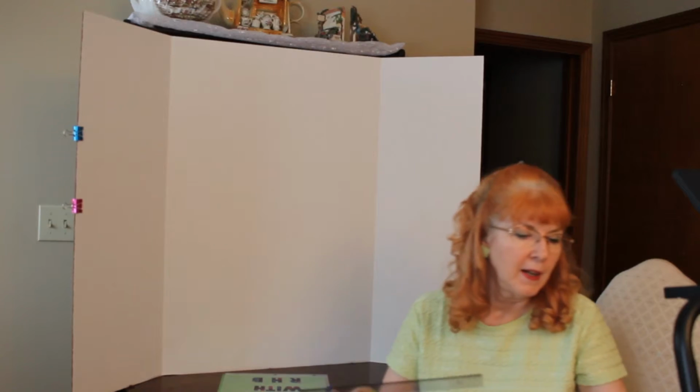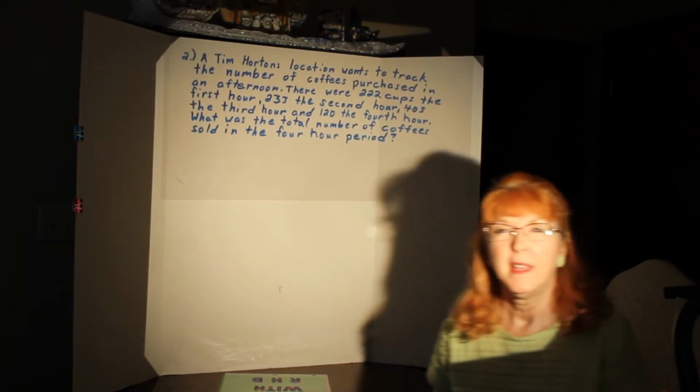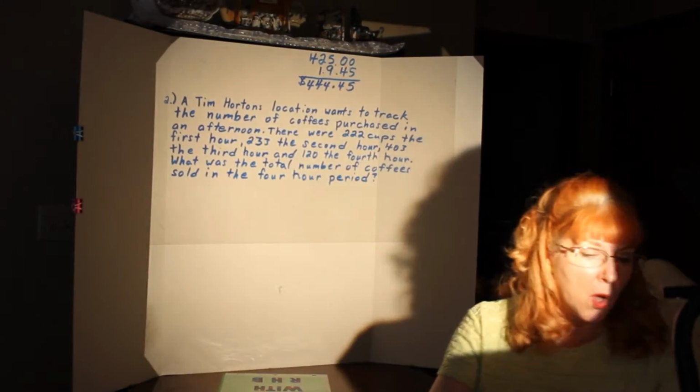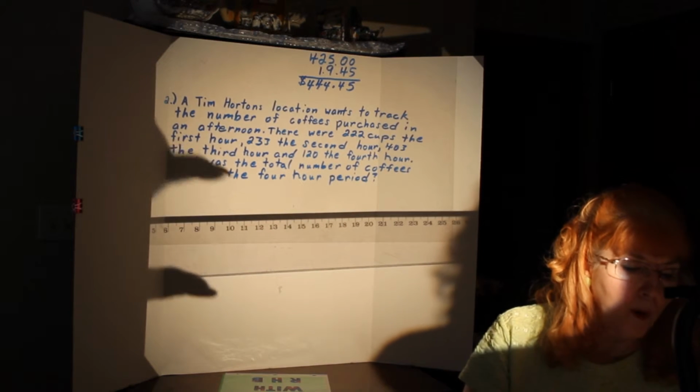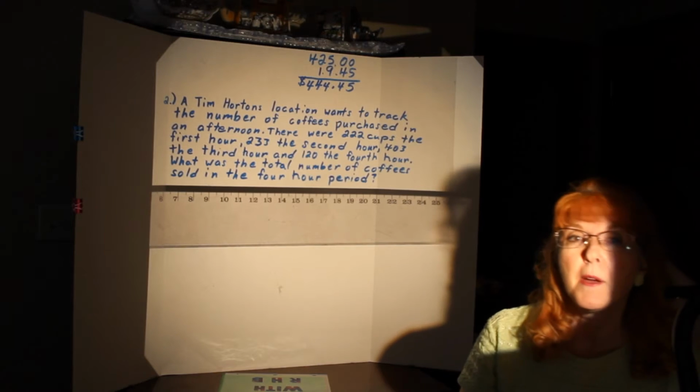I'm going to grab a ruler that's clear, so it'll be seen on the overhead. So I'm going to take my numbers away, turn this back on. Gets me right in the eyes. We're going to take a look. It says, what was the total number of coffees sold in the 4-hour period?